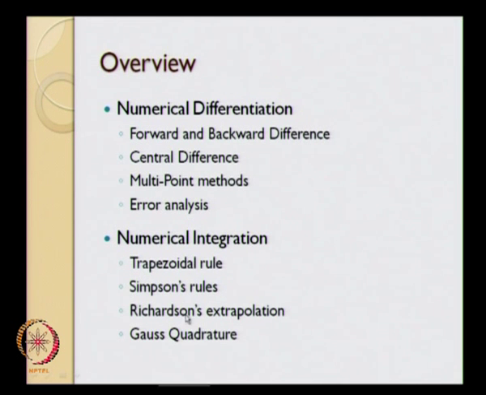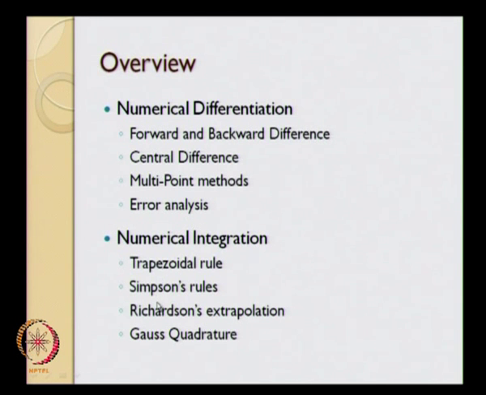In numerical integration, we will cover various methods, specifically the trapezoidal rule, and Simpson's 1/3 and 3/8 rules. Then we will talk about Richardson's extrapolation, and how we can use it to improve Simpson's 1/3, 3/8 rule or the trapezoidal rule, and finally we will talk about the Gauss quadrature method.